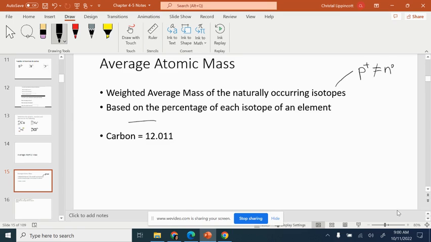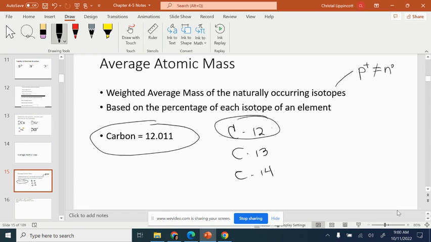So for example, carbon is 12. Well, there's carbon 12 out there. There's carbon 13. There's carbon 14 out there. This number then represents the average atomic mass. So which one of these would be more prevalent based on this value?